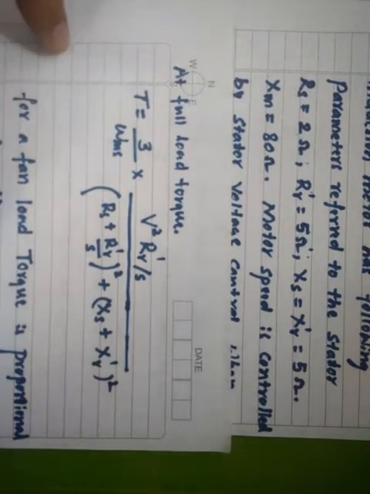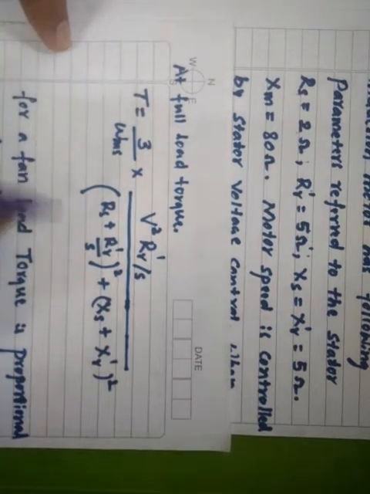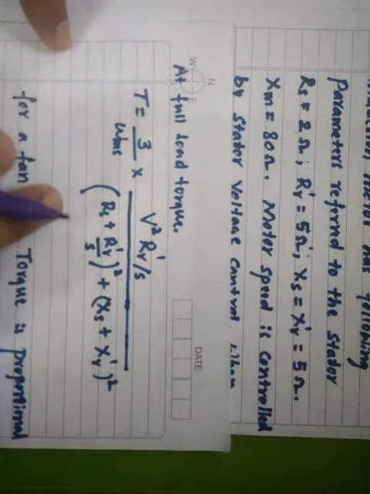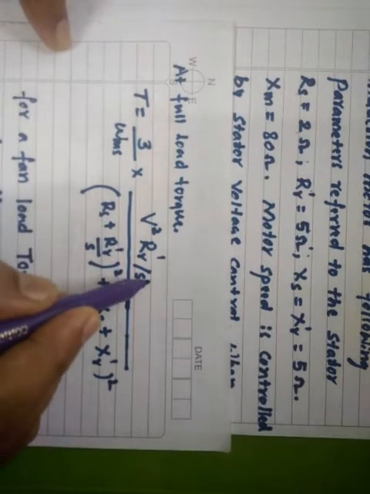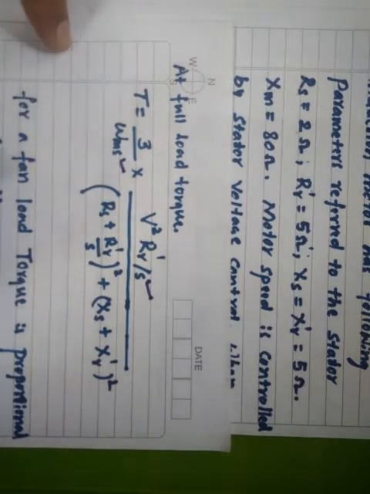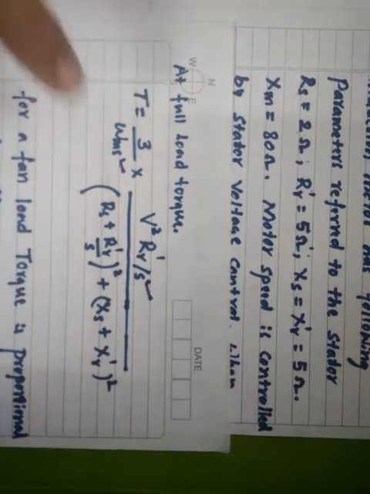I have already discussed in module 3 part A that we got this torque equation from the equivalent circuit diagram. In this torque equation all the quantities are known. The only thing is we need to first calculate the slip and synchronous speed.